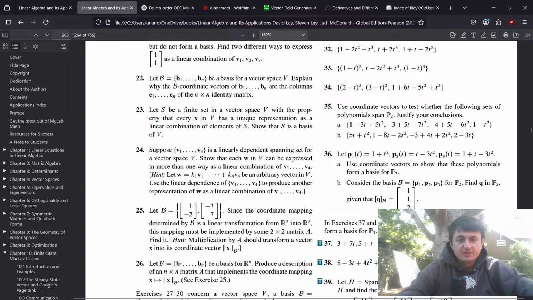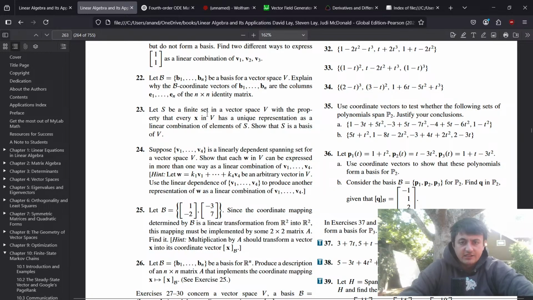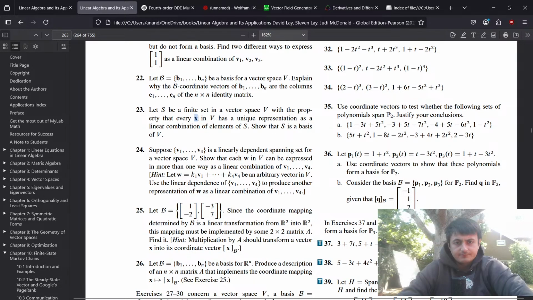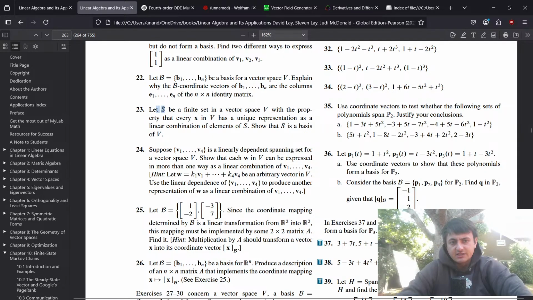We have that for all x in V, there exists a unique xb, such that the linear combination of xb with the elements of S equals x. Suppose that it wasn't unique, then this would be linearly dependent. But it is, so it's linearly independent. And it spans the space.